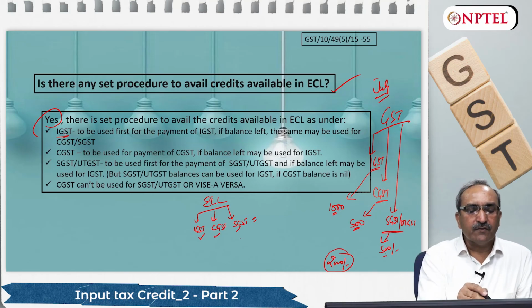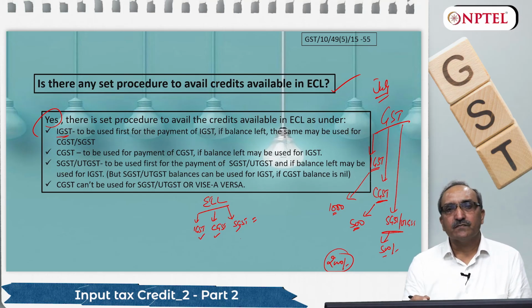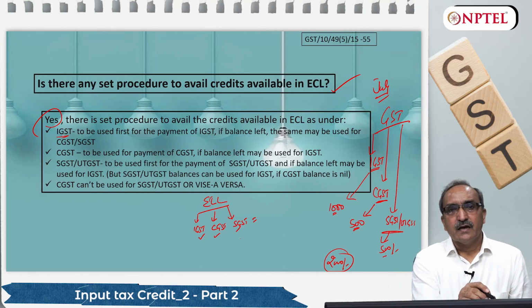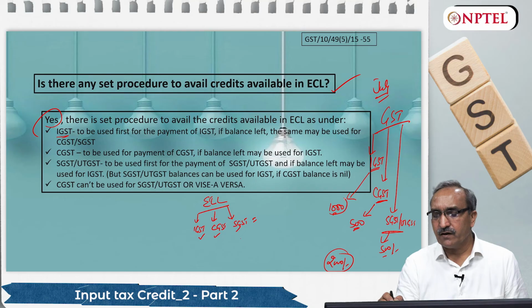So whenever you have an IGST liability, you have sold your goods in an interstate transaction, out of the state, and your IGST liability will be there. In this particular case, we have an IGST liability of 1000 rupees and in your electronic credit ledger, the IGST balance is 800 rupees only.